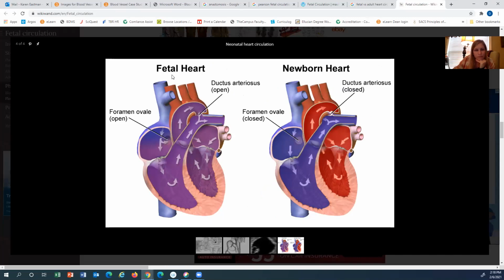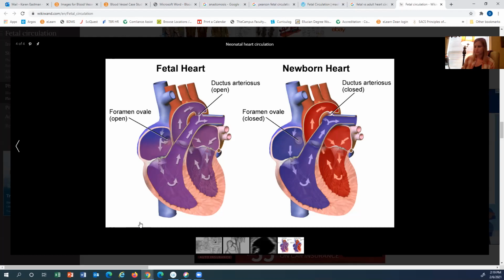Okay, so on the left is fetal heart, and then on the right is going to be newborn heart, which would also be your adult heart. So if we were thinking about the liver being right here, and we brought blood in from the umbilical cord, we're coming in through the umbilical vein, carrying oxygenated blood, and then we're going into the liver through the ductus venosus.